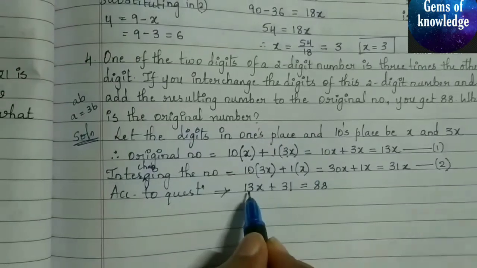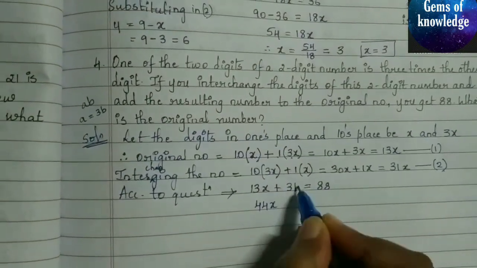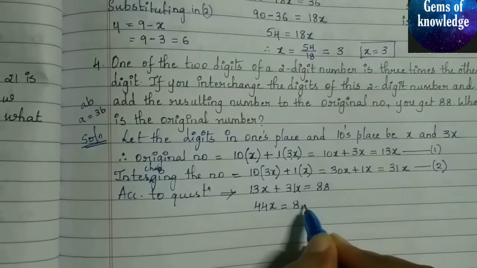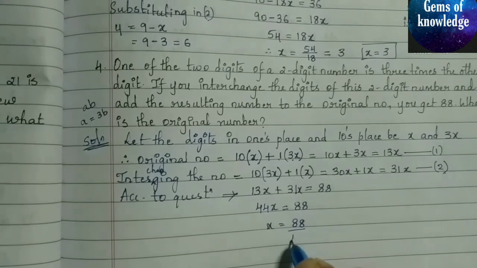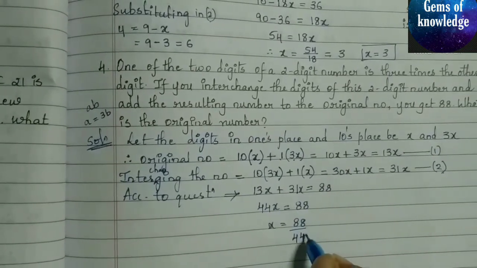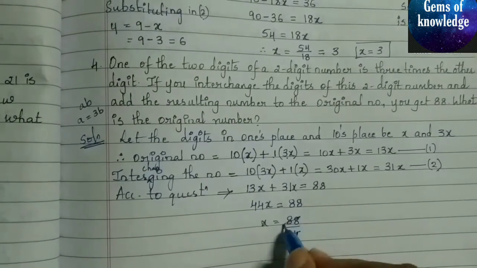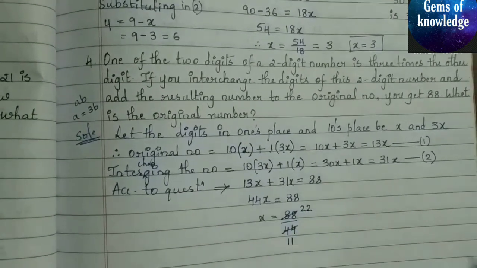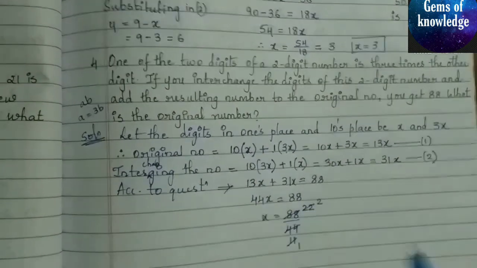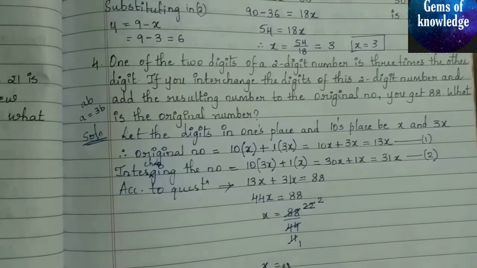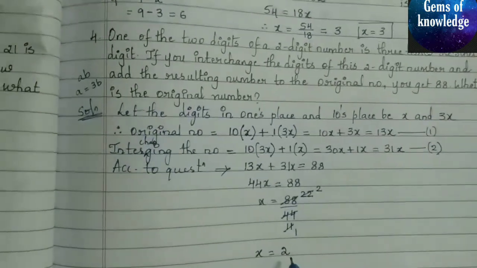When you add this, you get 44x, which is equal to 88. So x is equal to 88 divided by 44. 4 ones are 4, 4 twos are 8, similarly 11 ones are 11 and 11 twos are 22. So x is 2. Your x value is nothing but 2.